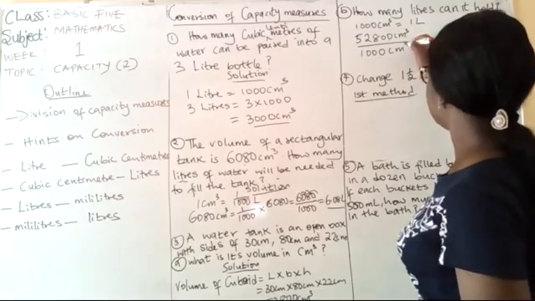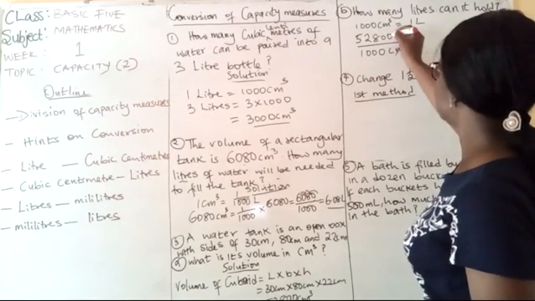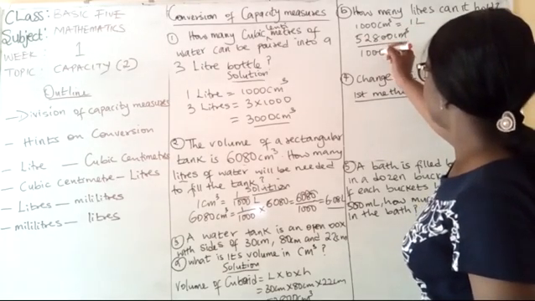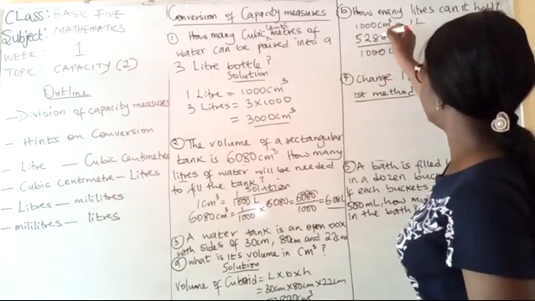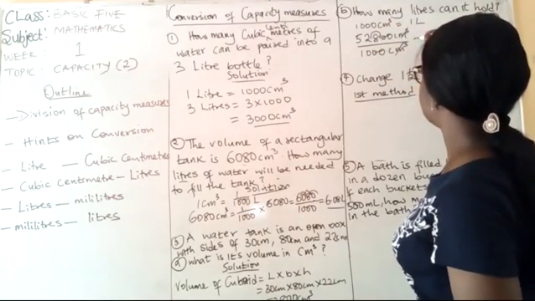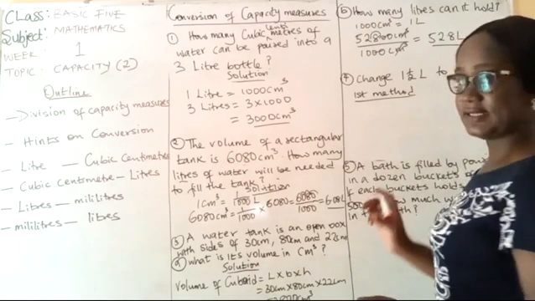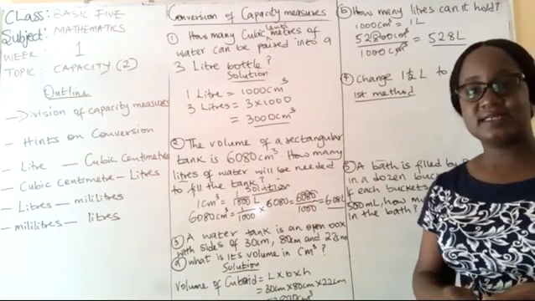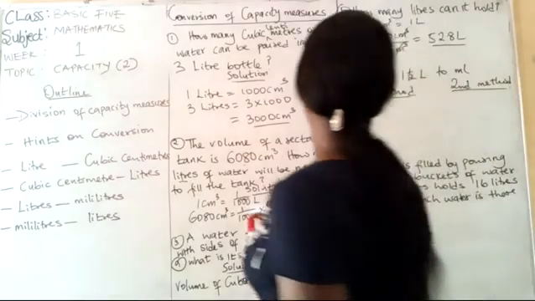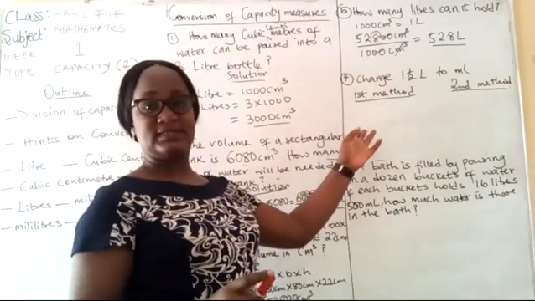Divide. Okay? So this will cancel this. This 2 will go up. And this 0, you just do your shifting method and you have 52.8 liters. It's simple, right? Okay, let's go over to the next one.